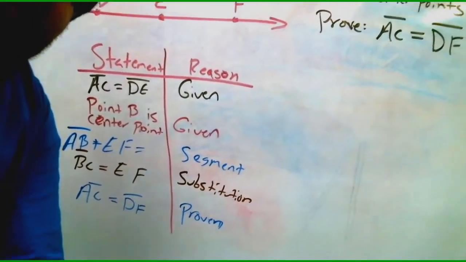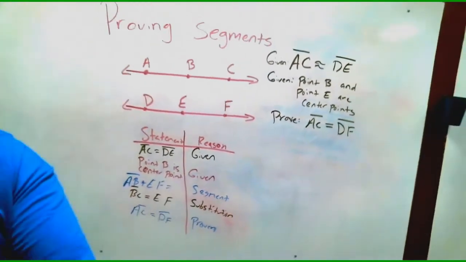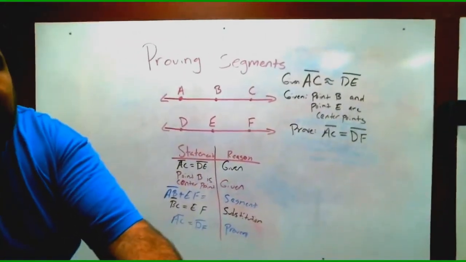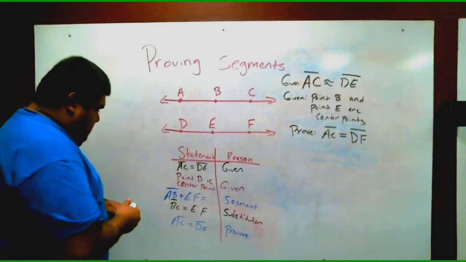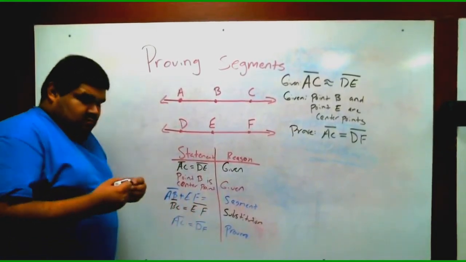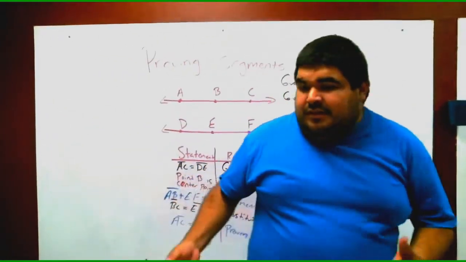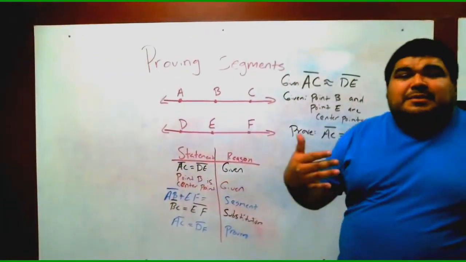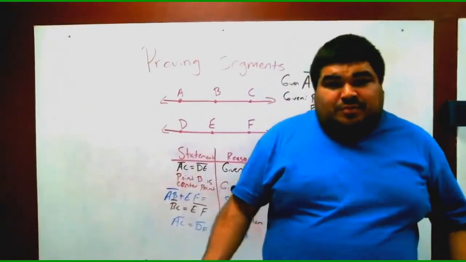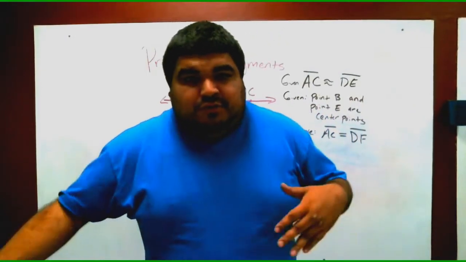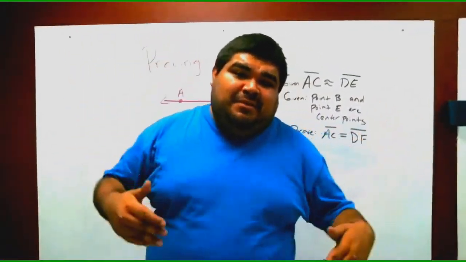And so that means that AC and DF are segments. And that's it. Notice that I didn't do so many steps, because with segments it's more straight to the point compared to algebraic proofs, where you have to explain every step.